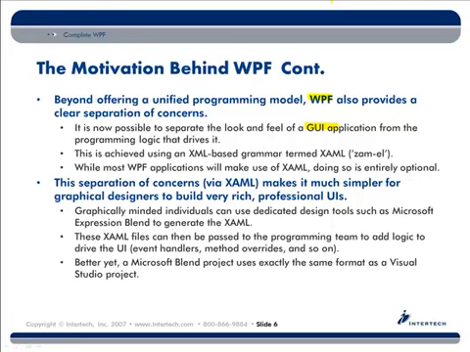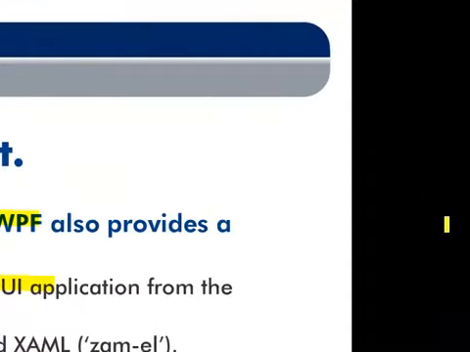Okay? The big motivation for this is a separation of concerns. So this is good. Now, if any of you folks have worked with ASP.NET in the past, things are going to feel eerily familiar. We're going to have one file that describes the way things look and feel. That would be the XAML file. And then typically, the XAML file is going to be paired up with a code file.